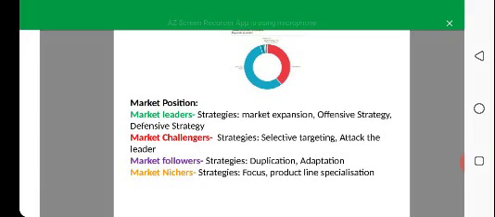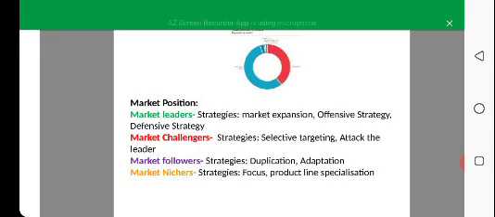The market leader strategy is normally to expand the market, explore new things and diversify themselves. They develop offensive strategies against the challengers, and they also defend themselves from attacks.